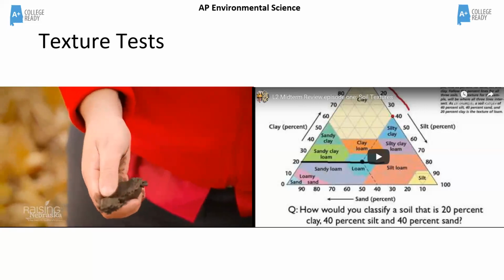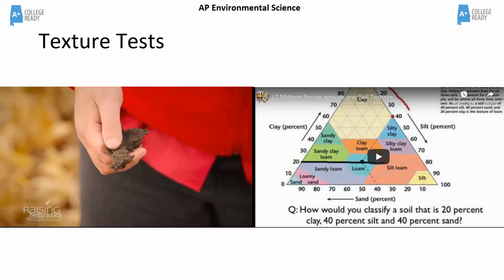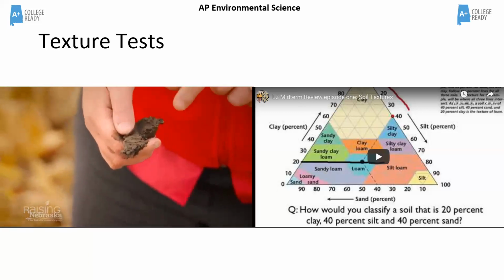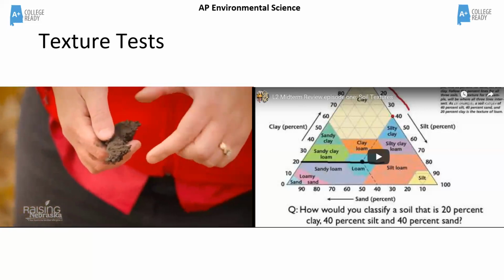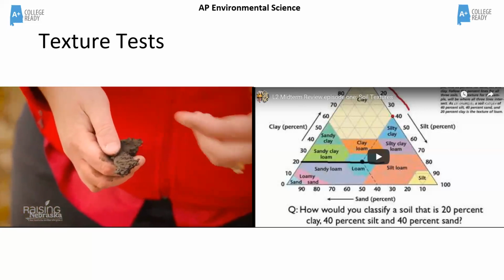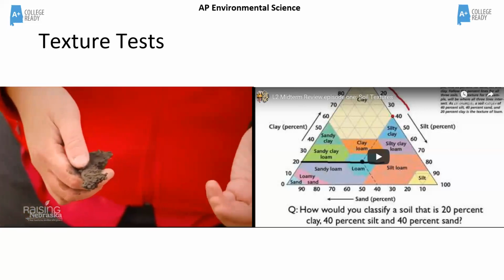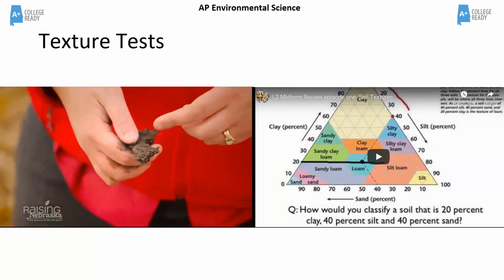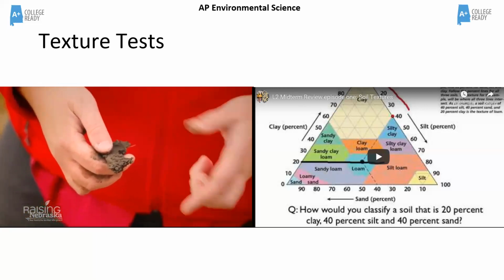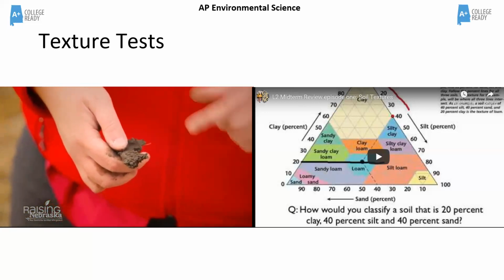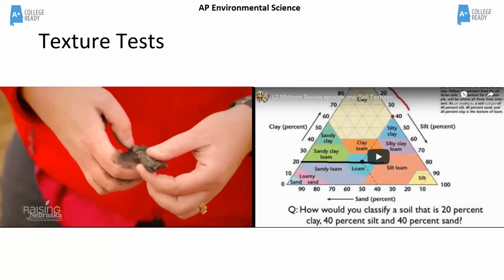And I can tell that it's already starting to break here. So since I have about less than an inch or so of the ribbon, I know that I have probably a silty loam. If it were to go farther, I would have more of a silty clay loam, which means it would hold even more water than the amount of soil that I have right here.